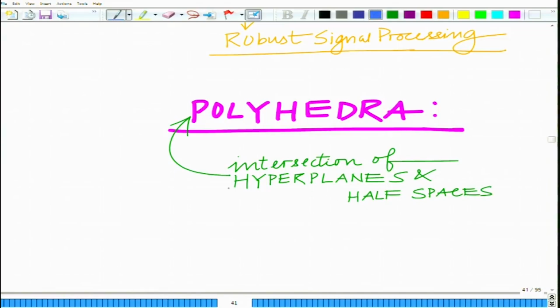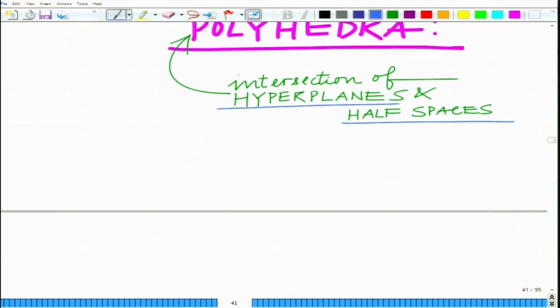These are formed from the intersection of hyperplanes and half spaces. It is a subtle point, but these are formed by a finite intersection of hyperplanes and half spaces.